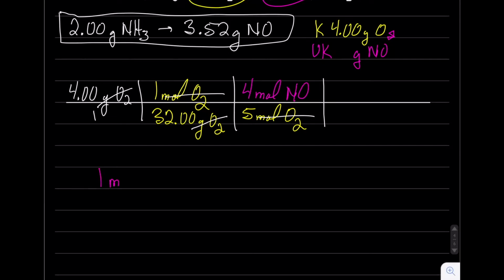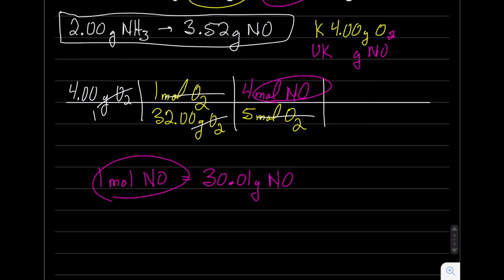So 1 mole unknown, or 1 mole NO, equals the molar mass of NO, which is adding up the mass of N and the mass of O, which we did just a minute ago. So that's 30.01 grams NO. And because we have mole NO at the top, we need mole NO at the bottom, so they cross out.